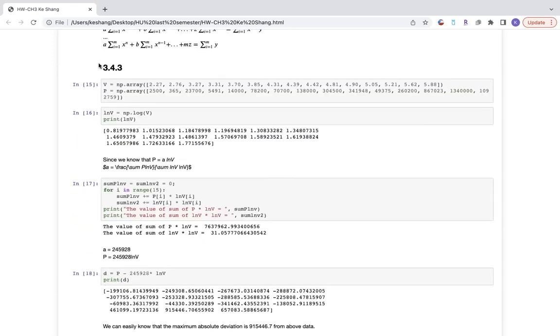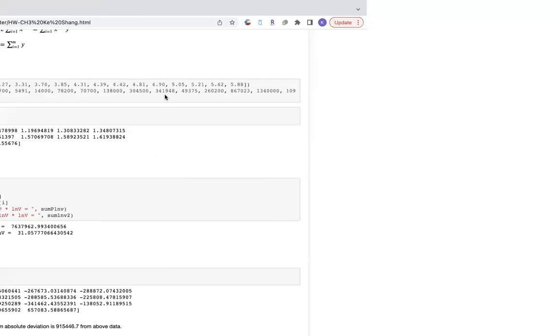So for the last question, 3.4.3, let me import the problem. It asks us to find a model using the least squares criterion, either on the data or on transformed data from problem 4b.